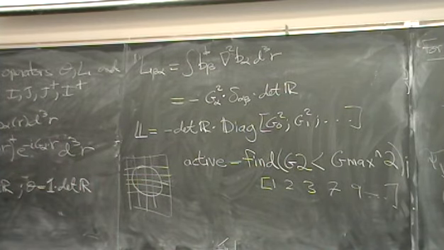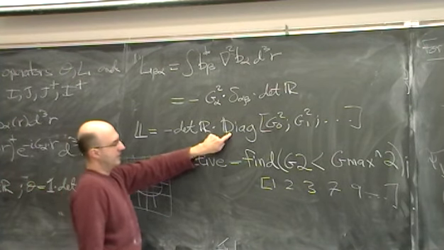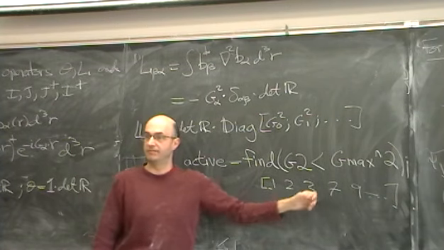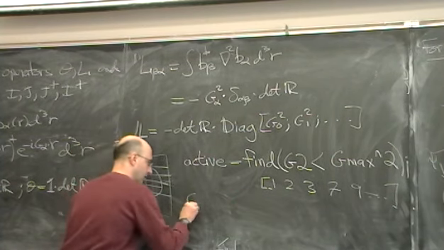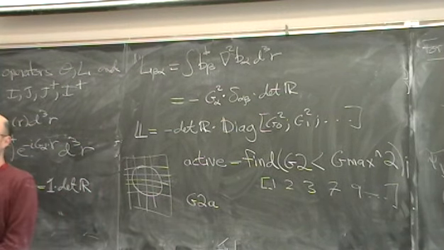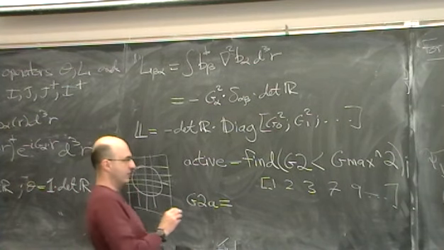Good. Now, to make our diagonal element here, what we needed was just the values of the G squareds from the active elements. So you can make another thing, call it G2A for the active subset of G2. And there's a very nice notation here, which I think is quite sensible.